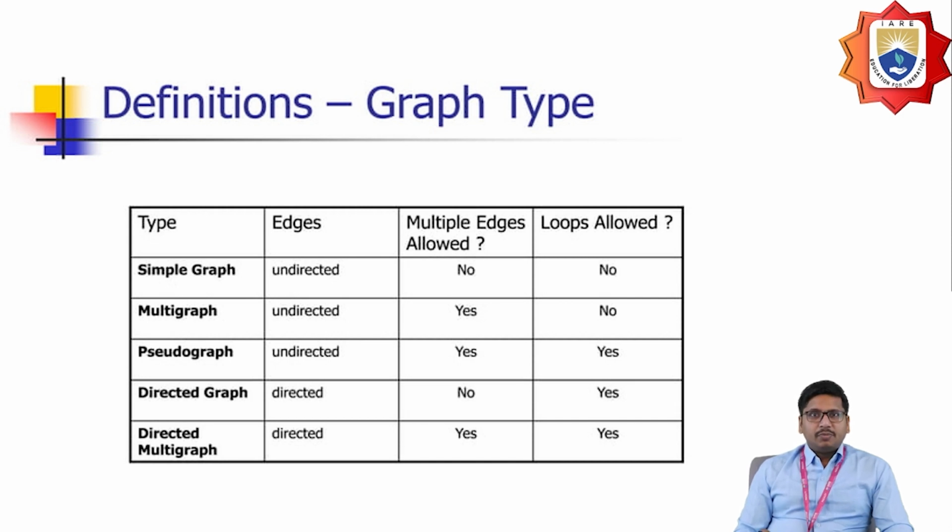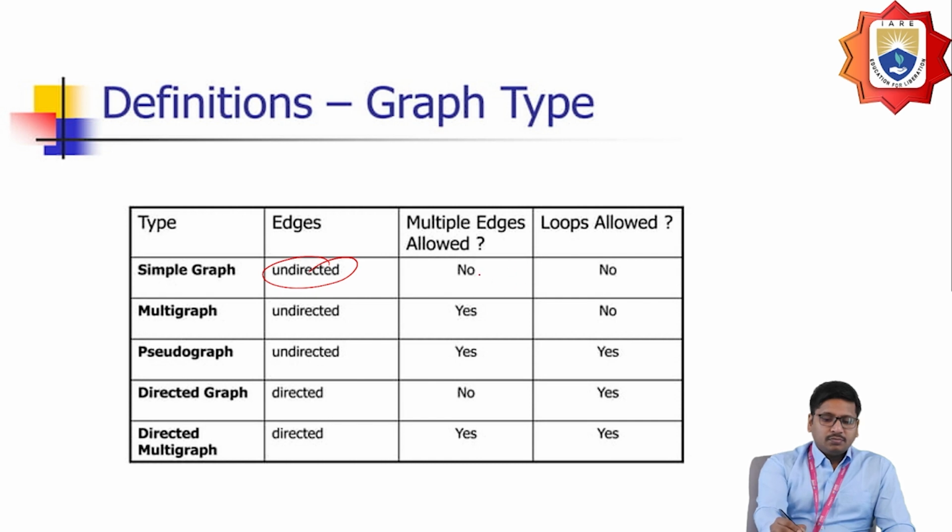So let me explain the difference between the different types of graphs. In a simple graph, we have undirected edges, no multiple edges, no loops.